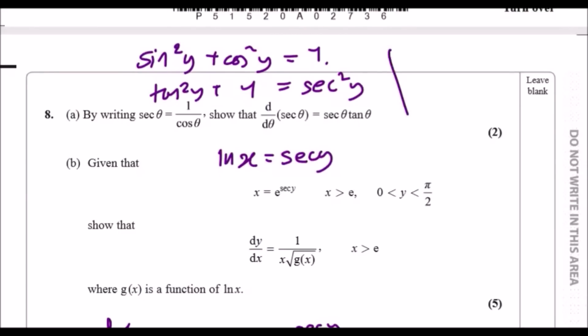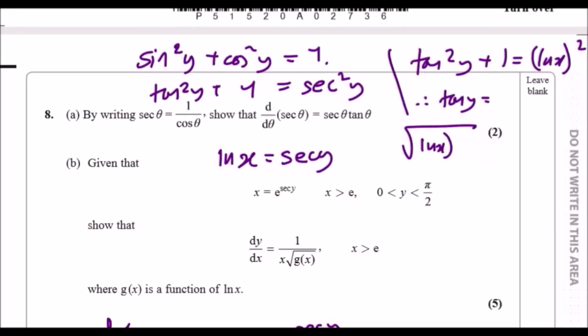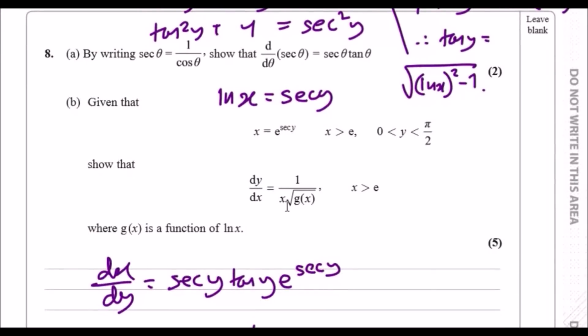So let's go ahead and sort this out. This means tan squared y plus 1 equals ln x squared. And now making tan y the subject, minus 1 and square root, you get tan y equals the square root of ln x squared minus 1. And I think that's it, because it says g(x) has to be a function of that.